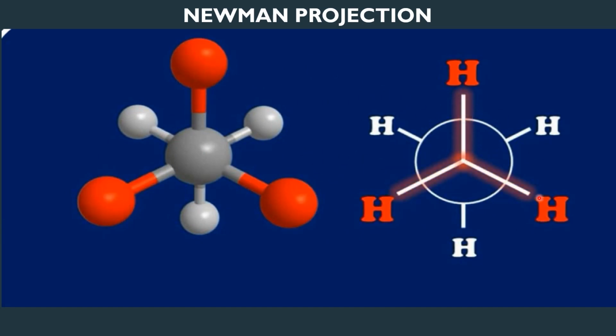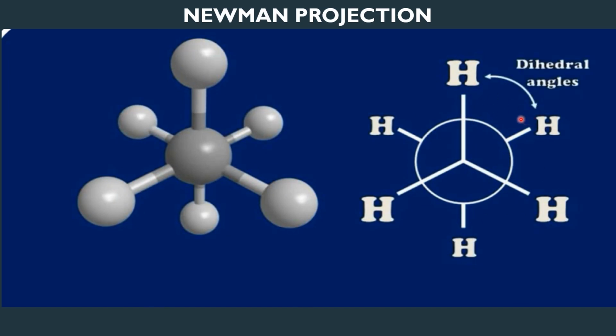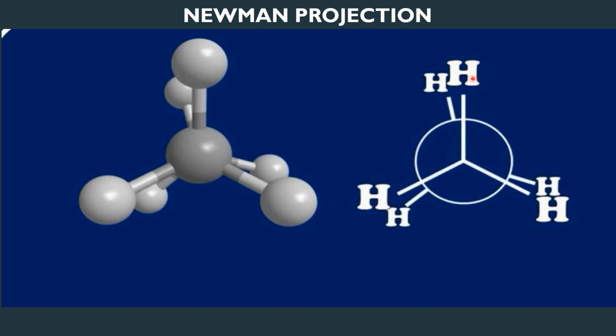The red groups are in the front carbon, and the blue bonds are in the backside carbon. Now the dihedral angle between these two CH bonds is 60 degrees, and this is the staggered conformation of ethane. If you do a rotation by 60 degrees, you get the eclipsed conformer of ethane.